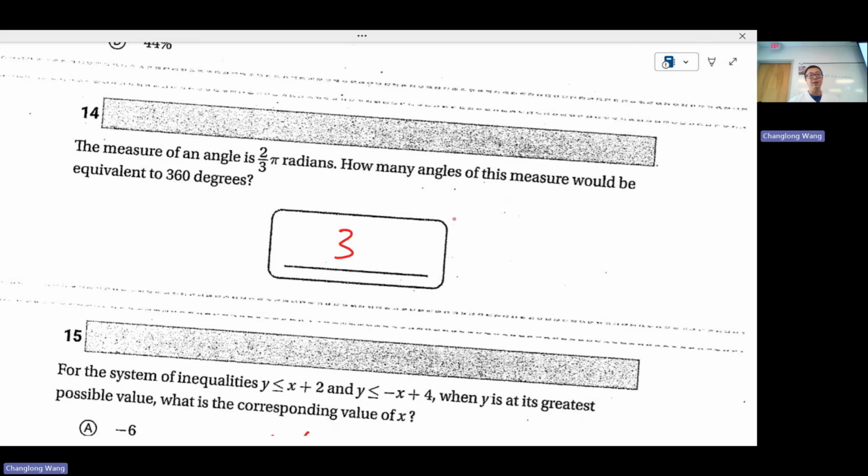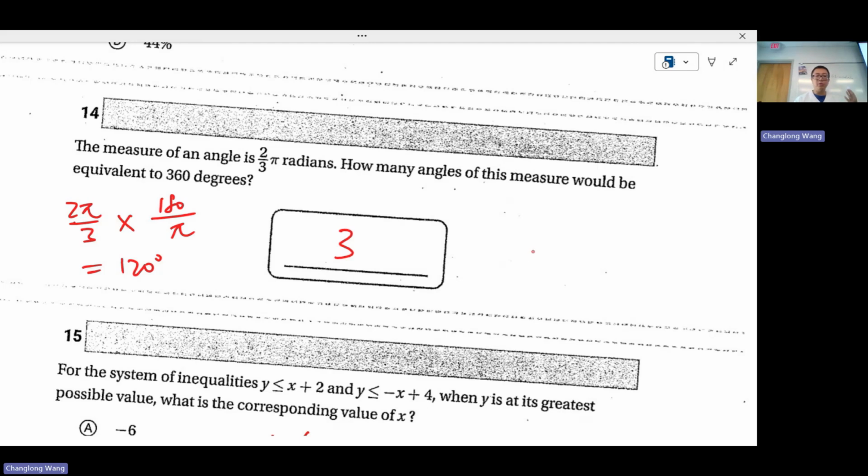Because 360. Now, maybe a lot of you are big fans of degrees, right? So you're probably going to turn 2 pi over 3 into degrees by multiplying by 180 over pi, right? And you're going to get 120 degrees, right? So how many 120s are there in 360? So there were 3 of them, right?